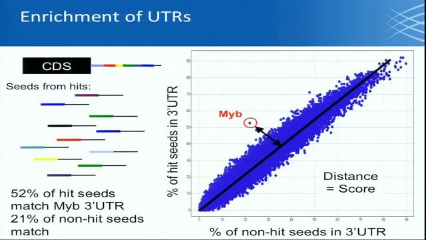Likewise, you can ask, are there any genes that a lot of these seeds tend to map to? And in this case, what's plotted here is all the non-hit hairpins, how often they hit a UTR, and all the hit hairpins, how often they hit a UTR. And you can see this one gene, MIB, was a real outlier. 55% of the hit hairpins hit MIB, whereas only 20% of the non-hit hairpins hit MIB.